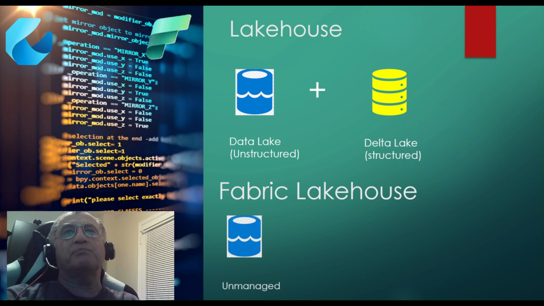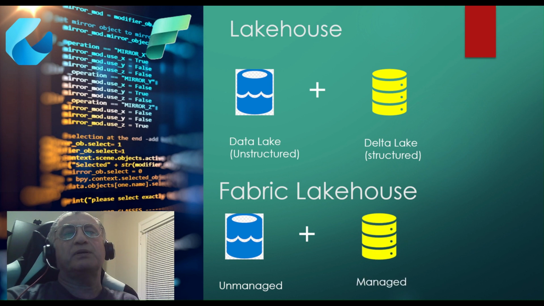A Fabric implementation of Lakehouse accordingly has two sections, which we'll be discussing in future videos. That's unmanaged, where you can store any type of data, including structured and unstructured, and the managed section, which includes only structured Delta Lake tables.